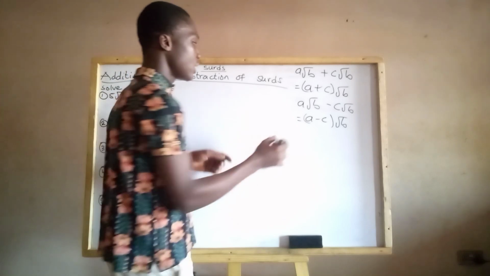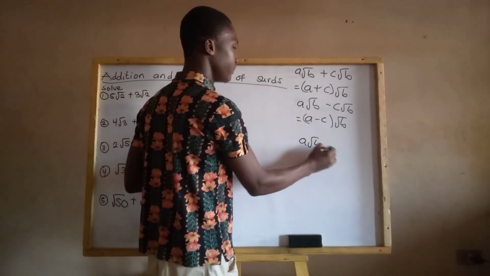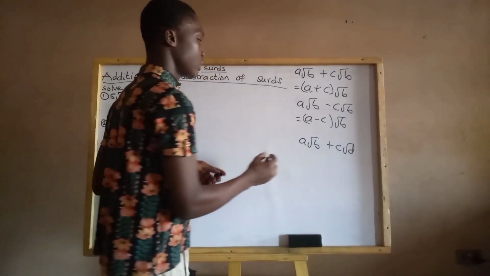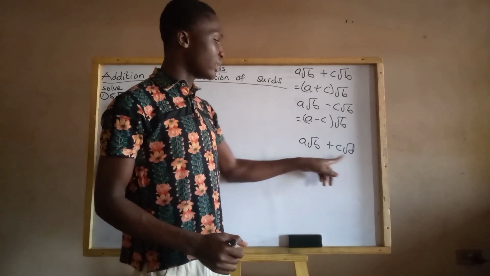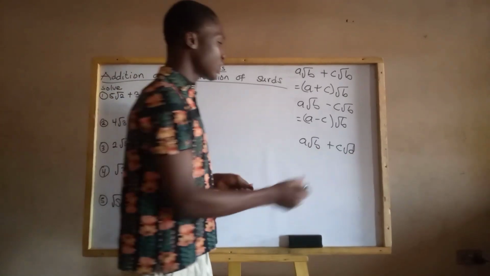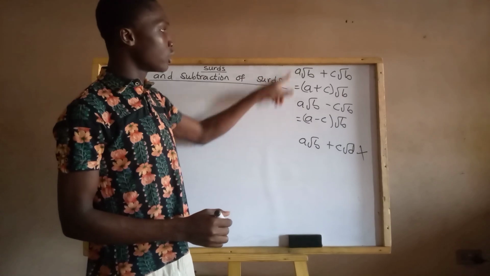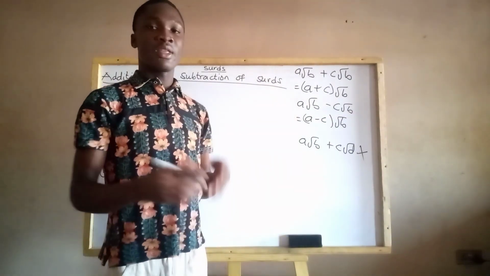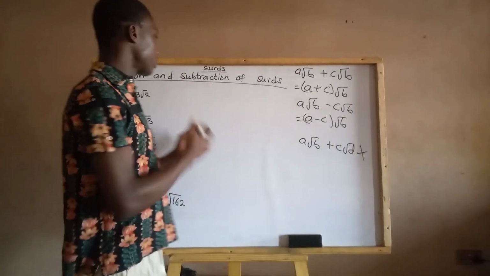It means that we cannot add a root b plus c root d because they are of different roots. You have b and then d. So this cannot be added, but you can add these because they are of the same root, or you can also subtract because they are of the same root. So using this idea, let's solve these questions.